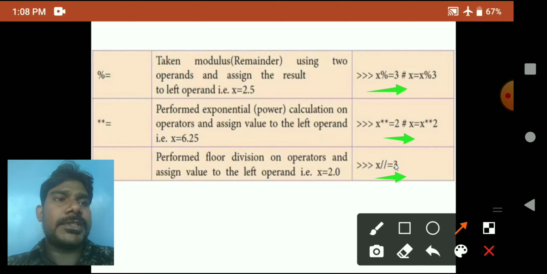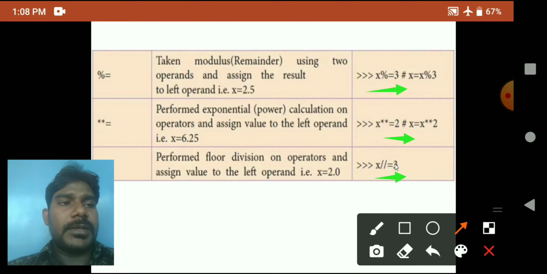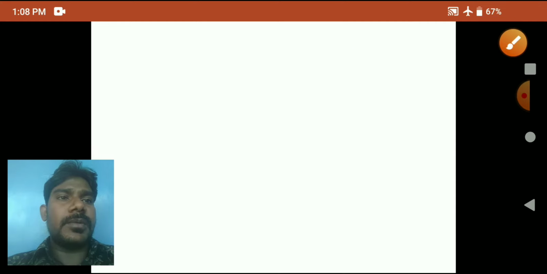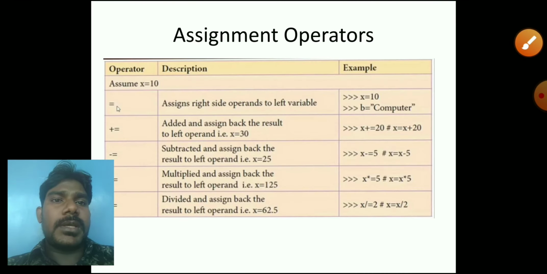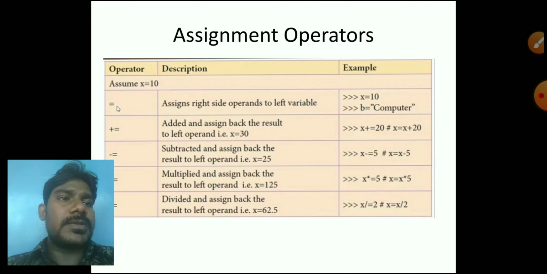Each expression we write in expanded form and find the result of the assignment operator. Equal, plus equal, minus equal, multiply equal are written in short form, and we also expand and find the result manually. This is the assignment operators.